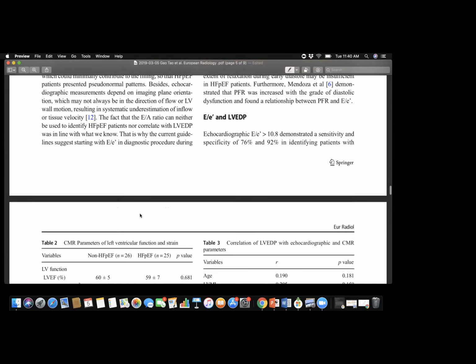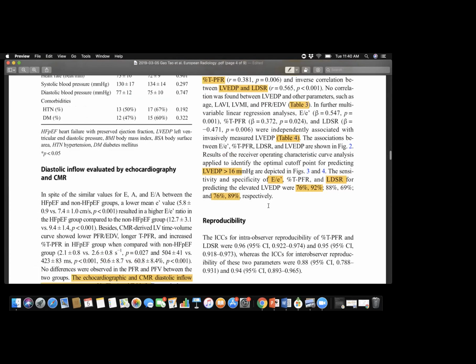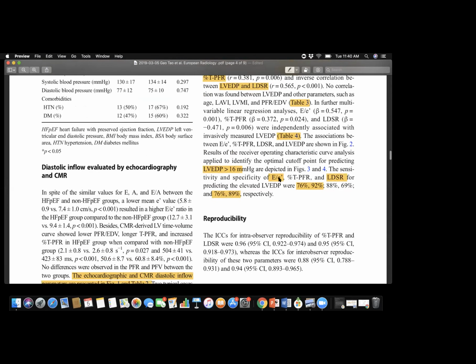And the sensitivity and specificity that they got was around here. For E to E prime it's about 70% sensitivity and 90% specificity, very similar with the longitudinal strain rate, which is interesting. So echo E to E prime is a good predictor, also the longitudinal strain rate as well.